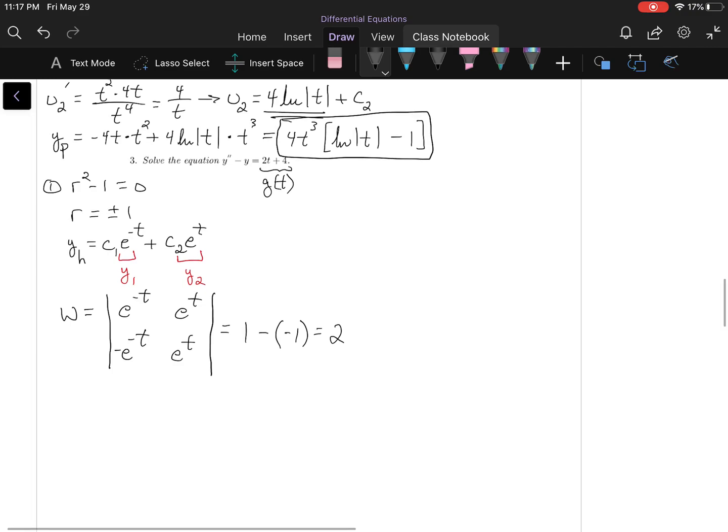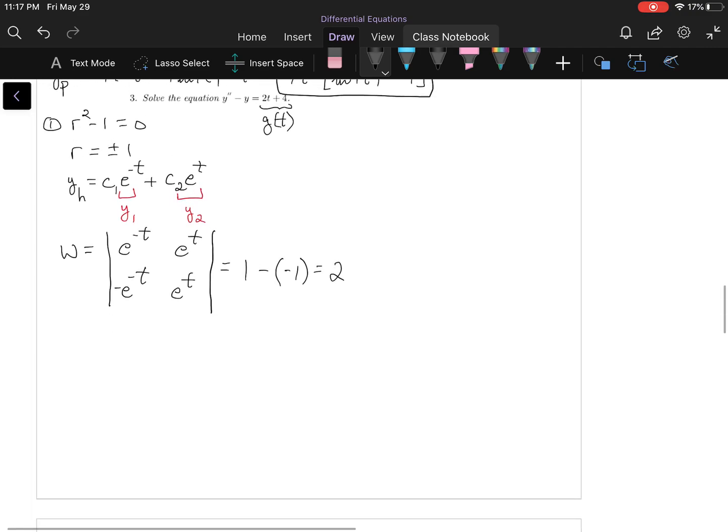Finally, we could start putting together the piece of information that we need. So u1 prime is negative y2. y2 is e to the t based on how I chose my y1, y2. g of t is 2t plus 4. And the Wronskian is 2.